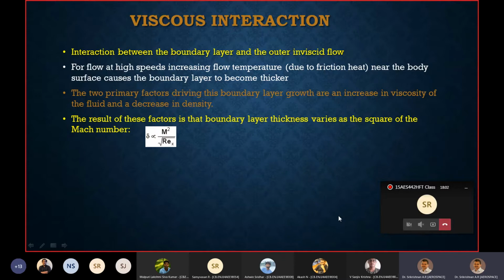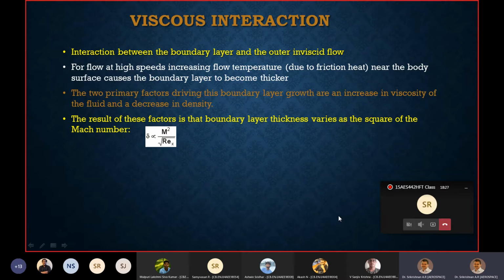Whereas Mach number, because of these two effects, that is heating as well as the increase in velocity and the further coupling with this, the relation is proportional to square. That is boundary layer thickness is proportional to M squared, and it is inversely proportional to square root of Re.